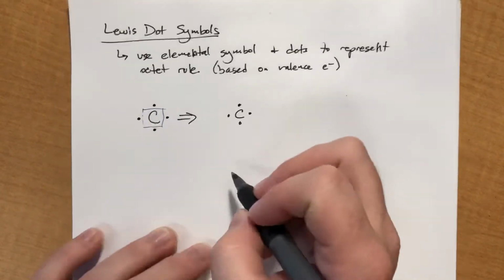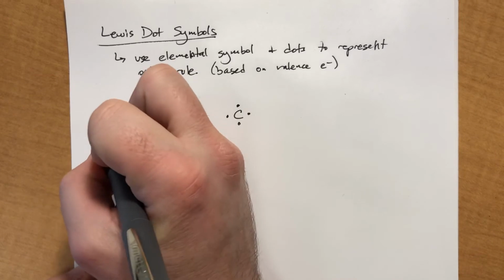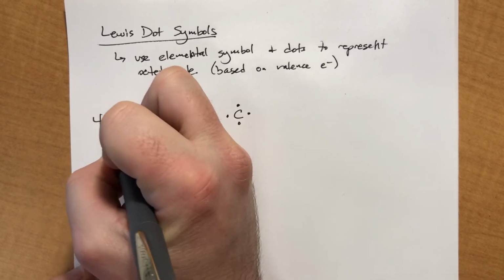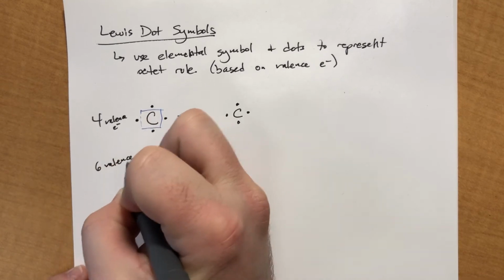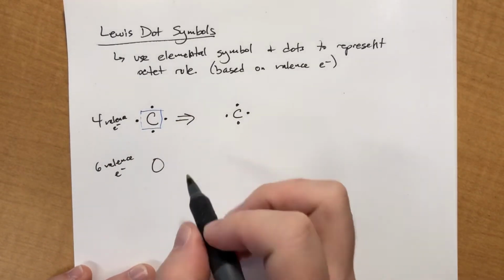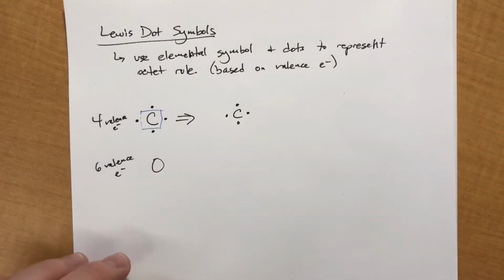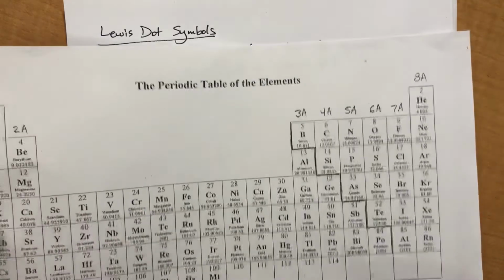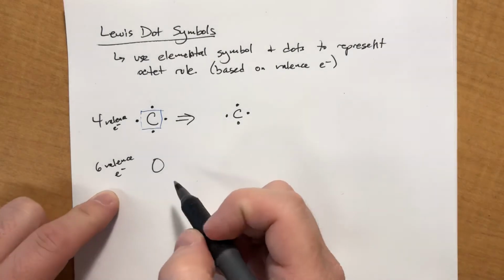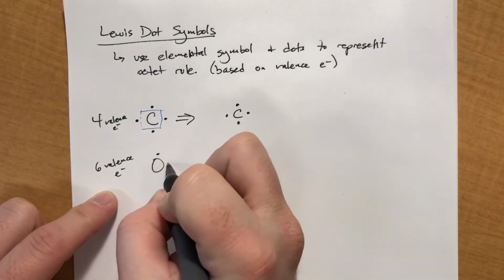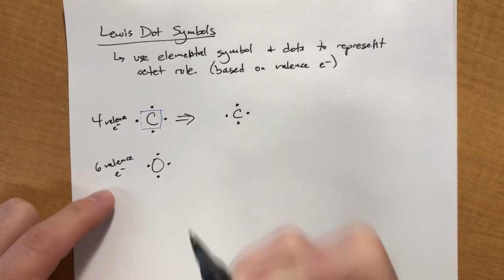If you have something like oxygen, this has 6 valence electrons. And so it has 6 because it's in column 6A. So essentially, you start out with 1, 2, 3, 4.